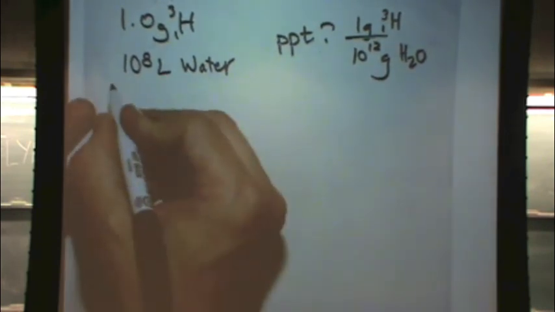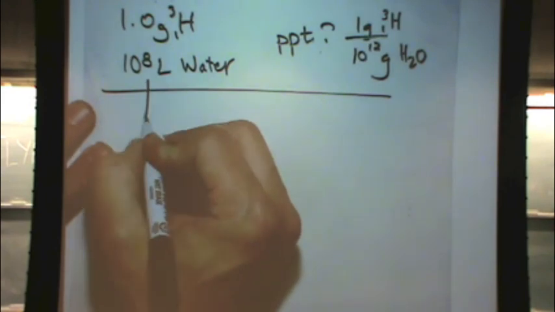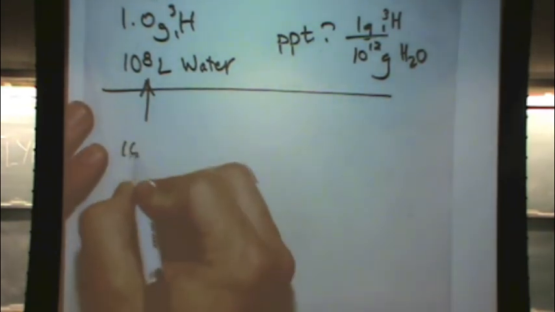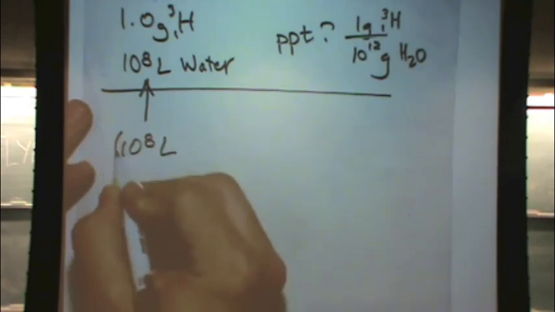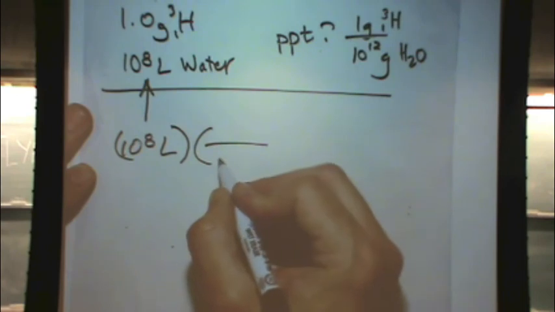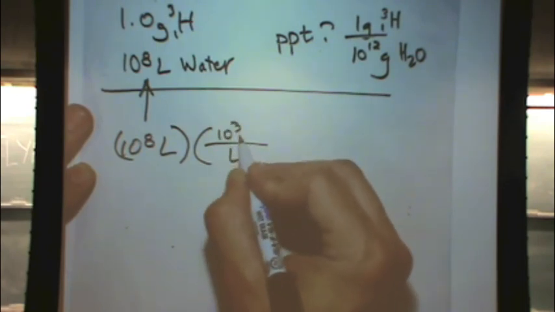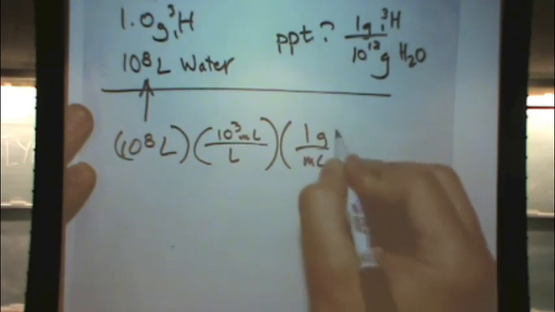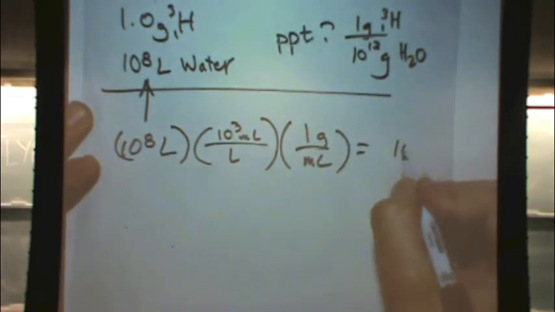Okay, so I need this number in grams. So 10 to the 8th liters. Change this to milliliters. You'll see why in a second. 1 liter is 10 cubed milliliters. It's because I know the density of water. It's 1 gram per milliliter. So now we're at 10 to the 11, right?